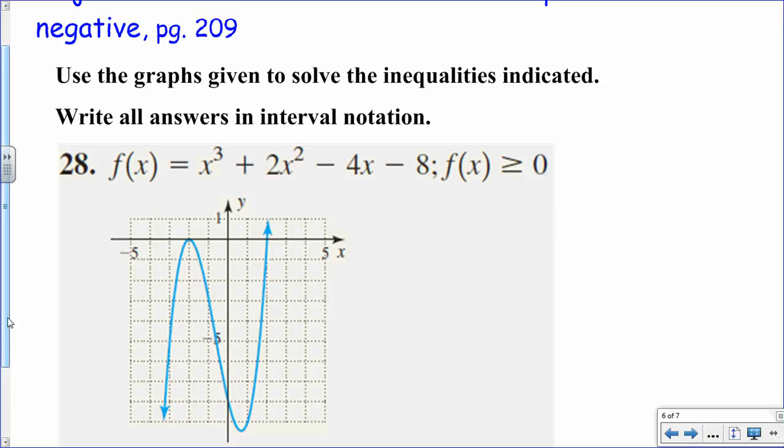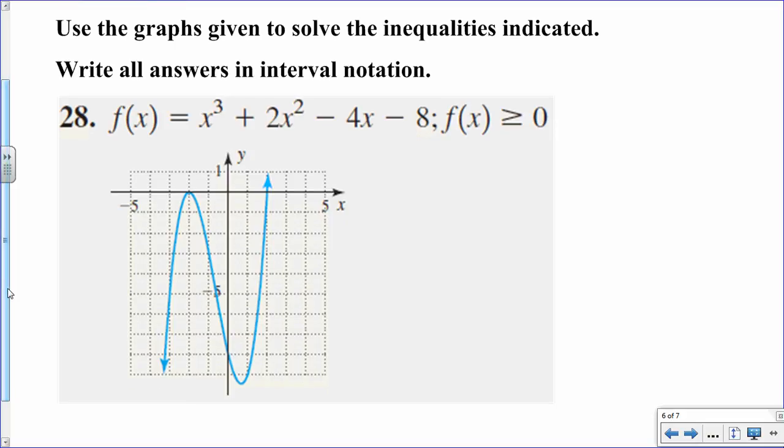So here's my function, and here's the graph. I could solve this function, find the zeros and solve this inequality that way. But if I have a graph, I can just look at the graph. So I want to know where f of x is greater than or equal to 0. Remember, f of x means y.